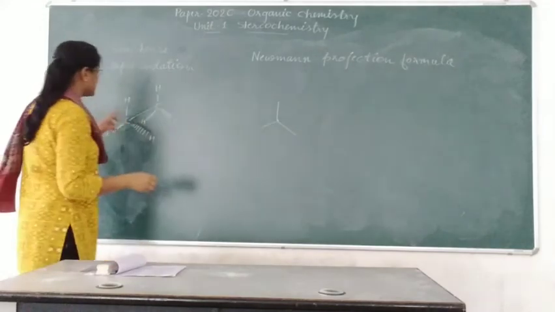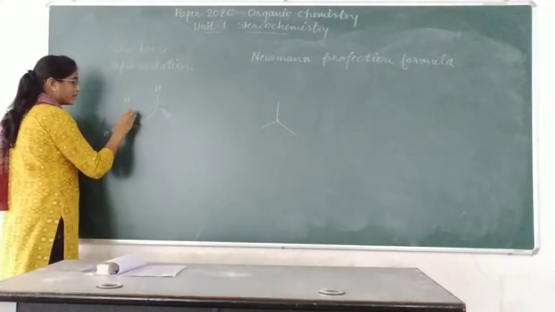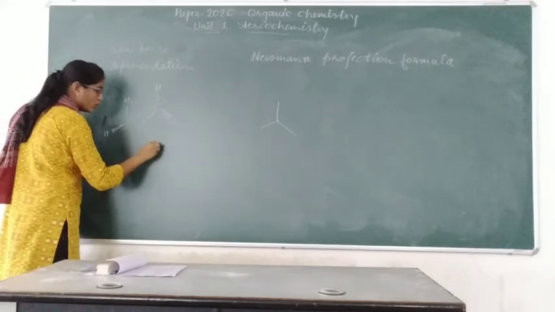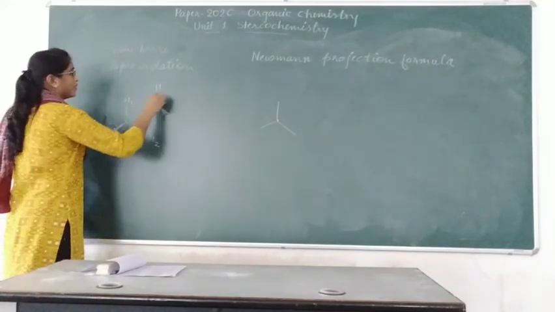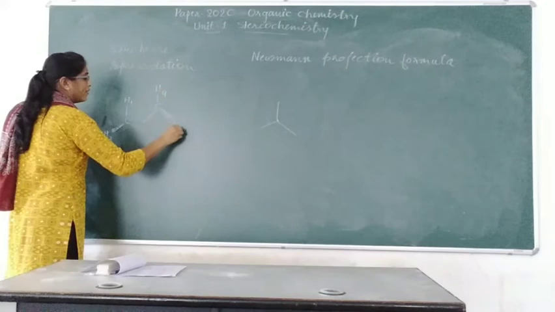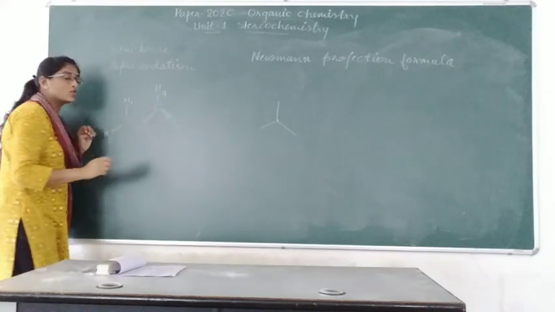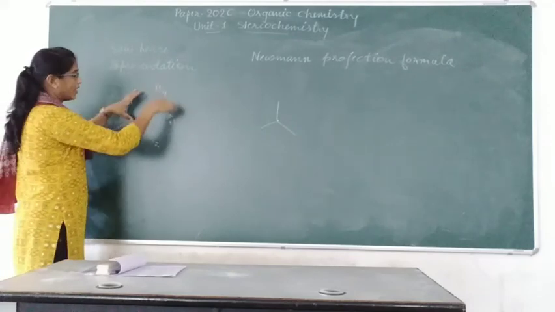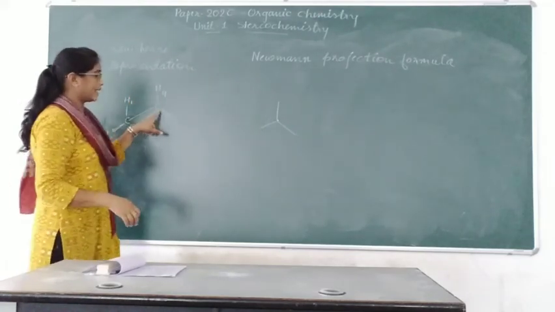Means if this is a front carbon, then we can give number here H1, 2, 3, 4, 5 and 6. So these three hydrogen attached with this carbon and these three hydrogen attached with this second carbon.